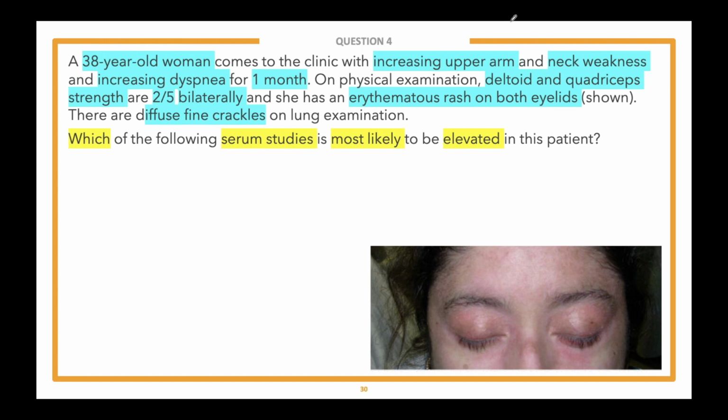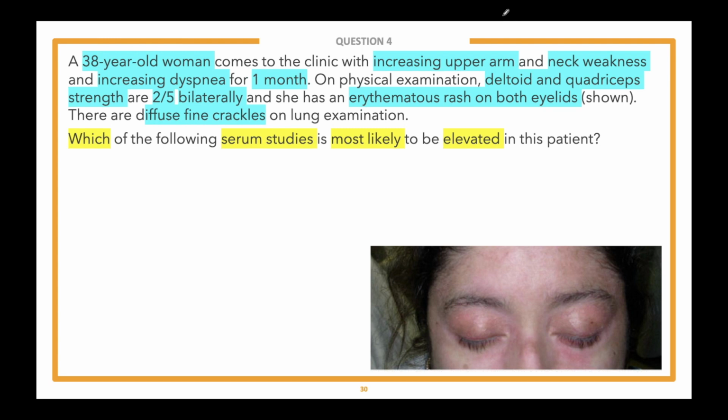They then ask us which serum study is most likely elevated. So how many steps is this question? Well, I think one, we need to figure out what's going on in this patient, what's the condition or diagnosis. And then two, based off that, what serum study could be elevated in that condition or diagnosis? So I think this could be a 2-step question here.